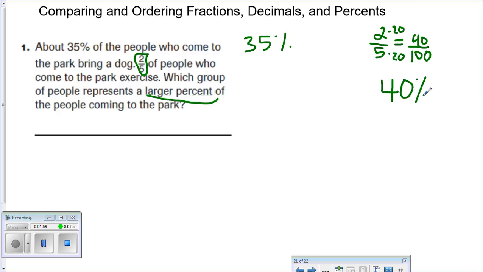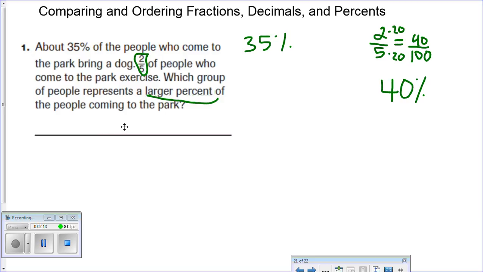So what this is saying is that 35% of people who come to the park bring a dog, and 40% of people who come to the park exercise. So which group of people represents a larger percent of the people coming to the park?